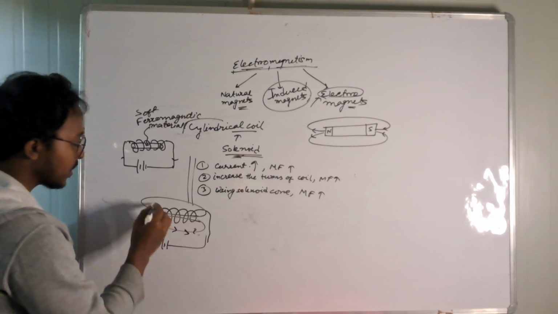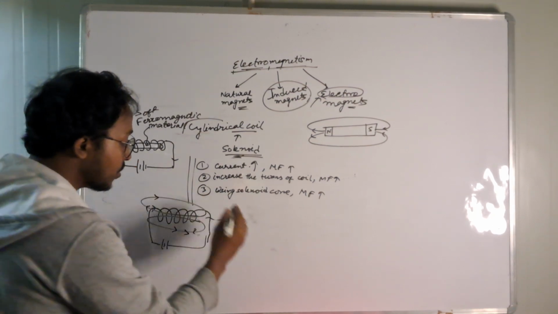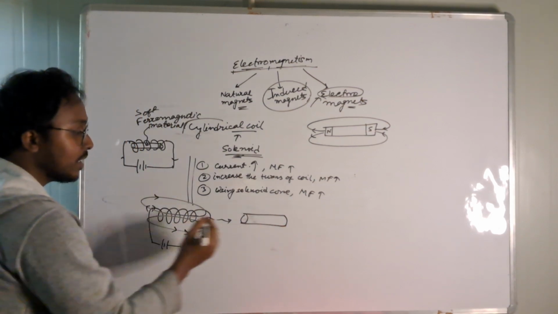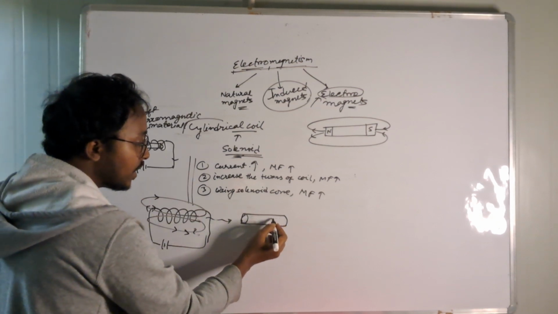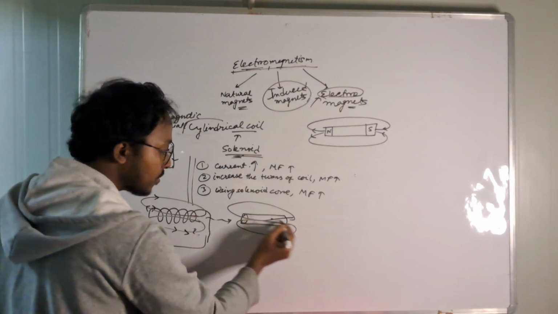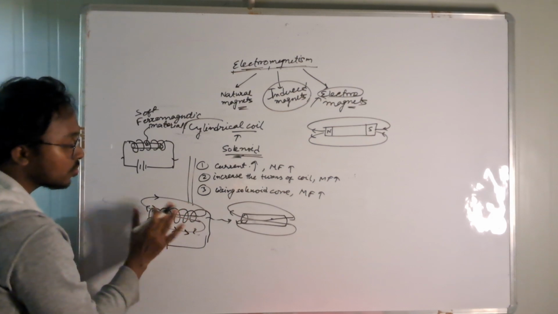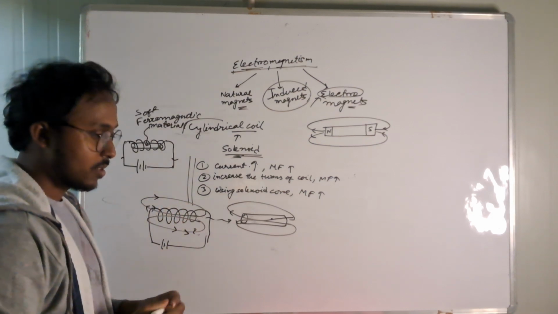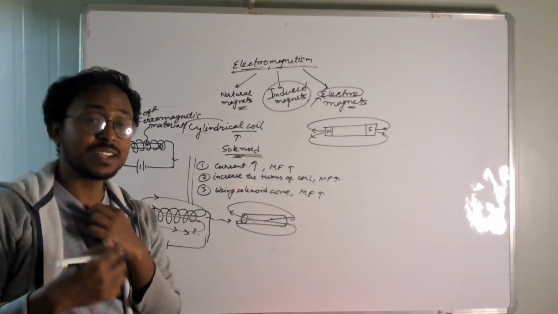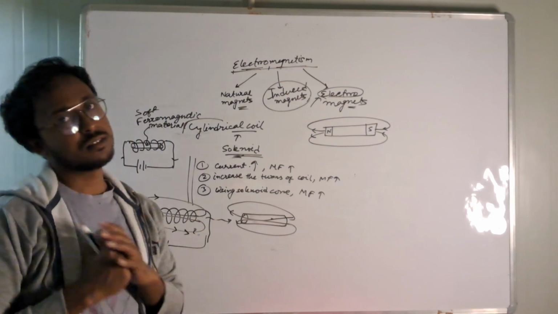Now I am using a soft ferromagnetic material, and when I use it, it also gets induced and creates its own magnetic field. Now when there is an addition of another magnetic field to this solenoid's magnetic field, what will be the result? Magnetic field lines will increase. The density of magnetic field lines is increasing, and that's how the magnetic field strength is increasing.